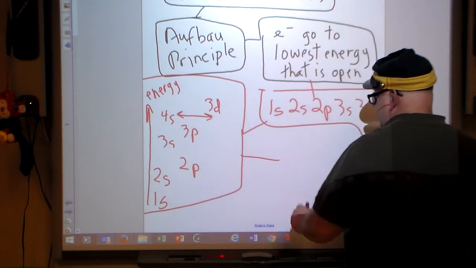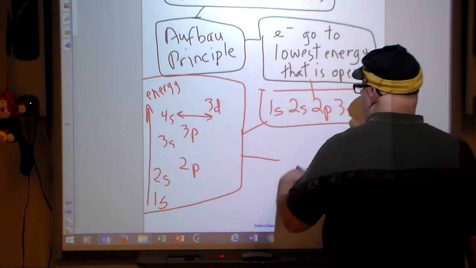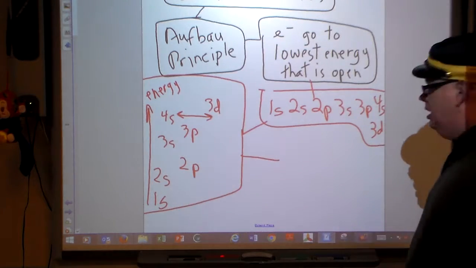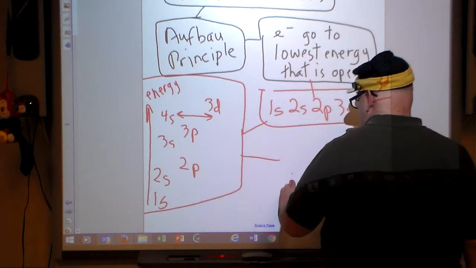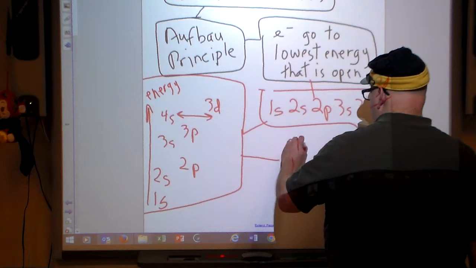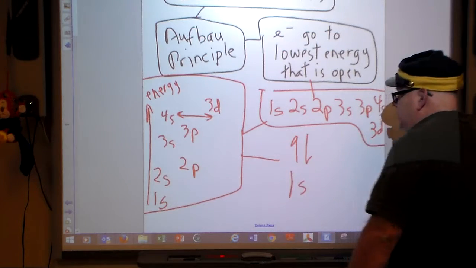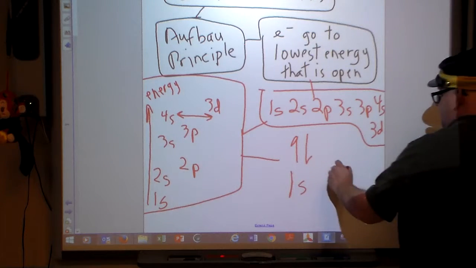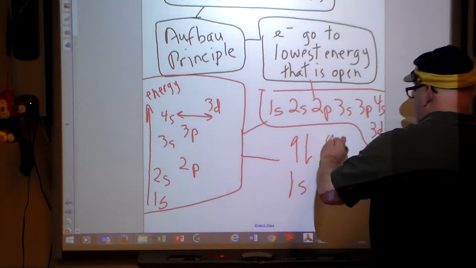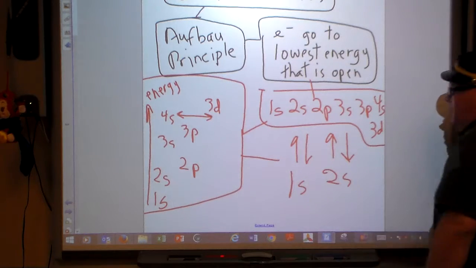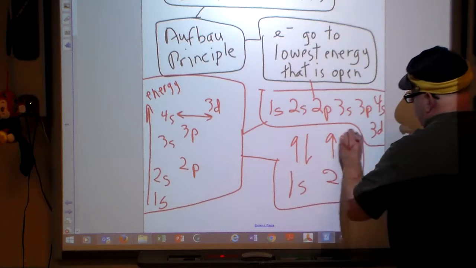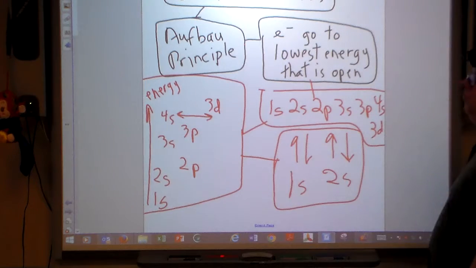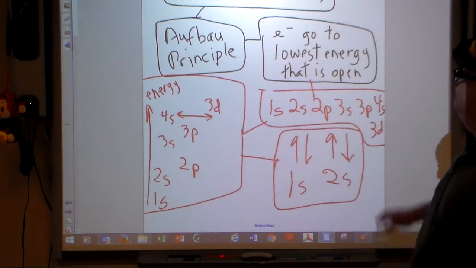Now we can also look at it and say, all right, what about those funny little arrows? So we can look at 1s here, say one arrow going up, one arrow going down. Okay? Then 2s, one arrow going up, one arrow going down. Okay? That's the idea. Wait, where are we at?